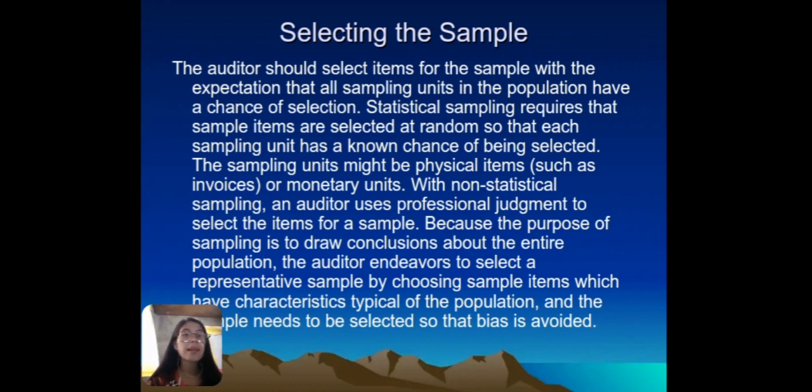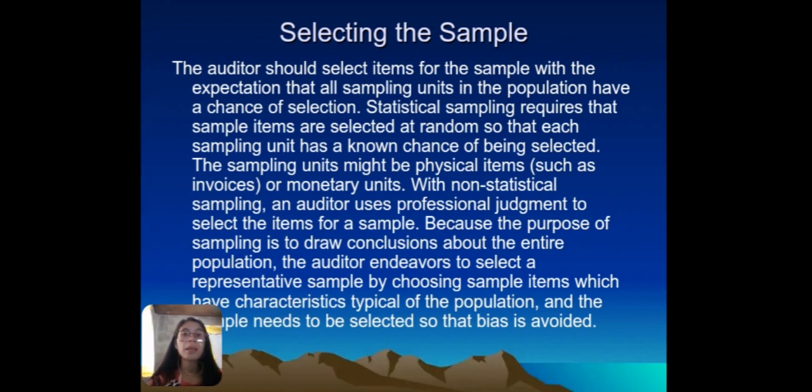So statistical sampling requires that the sample items are selected at random so that each sampling unit has a known chance of being selected. The sampling units might be physical items such as invoices or monetary units.